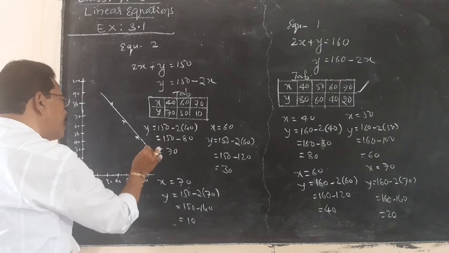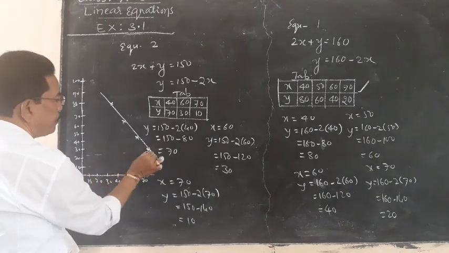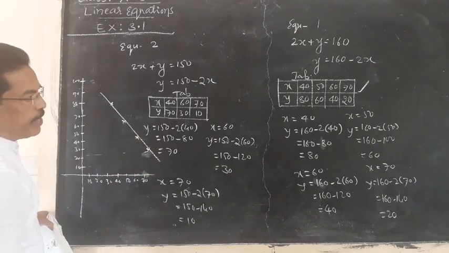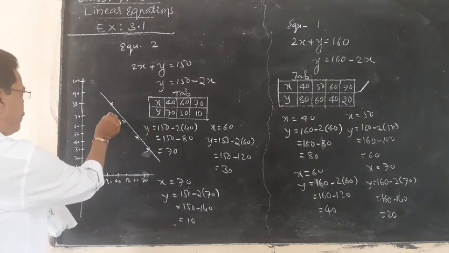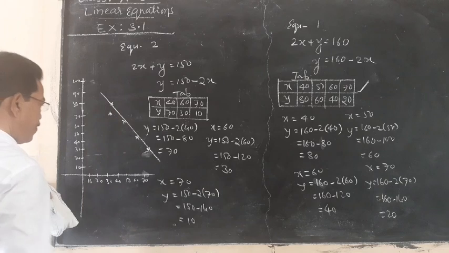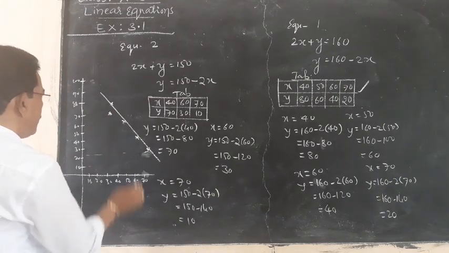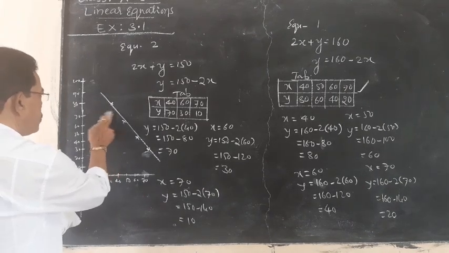That is the line for equation 1, like this. Then x equals 40, y equals 70.